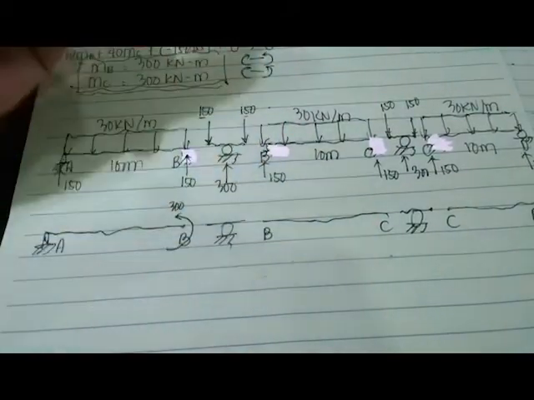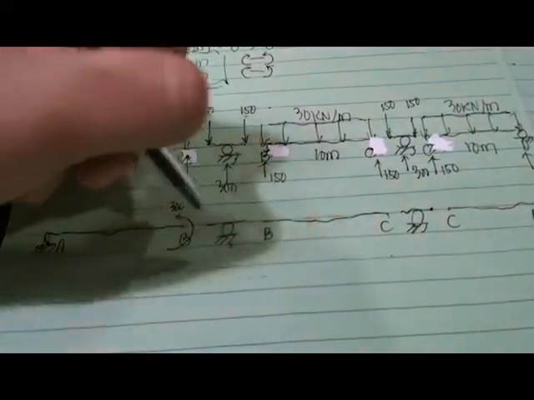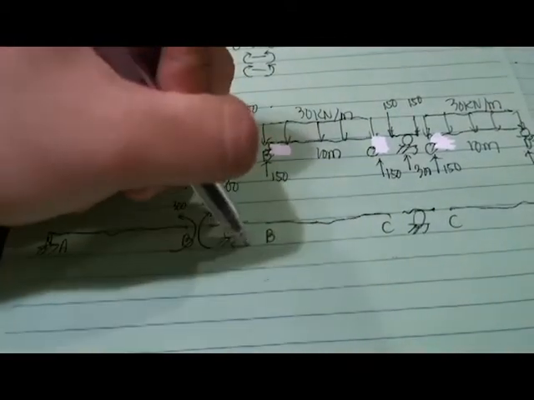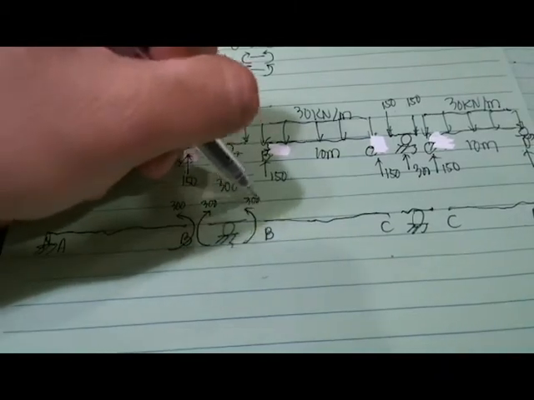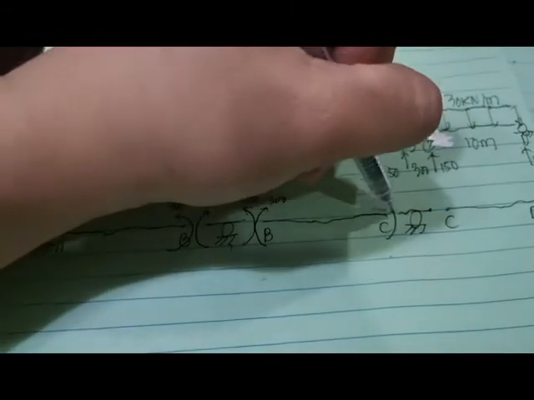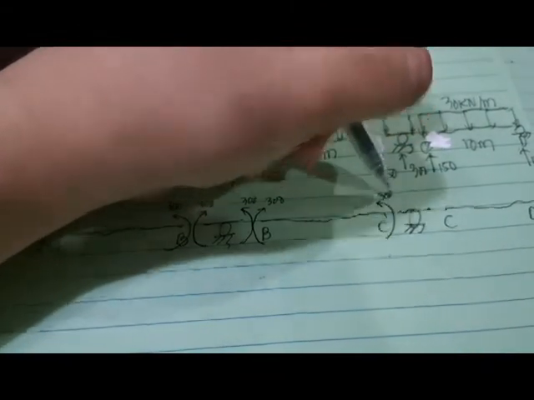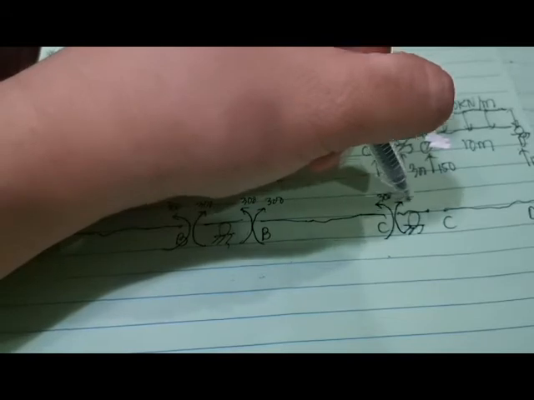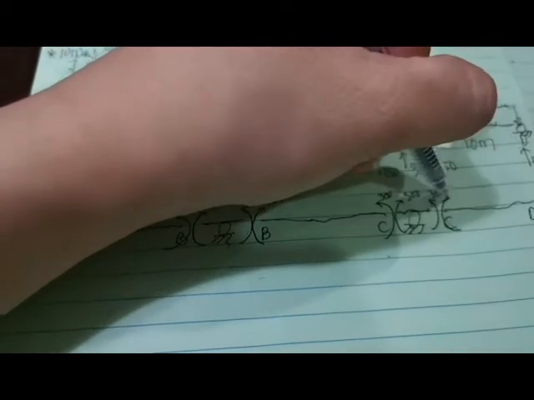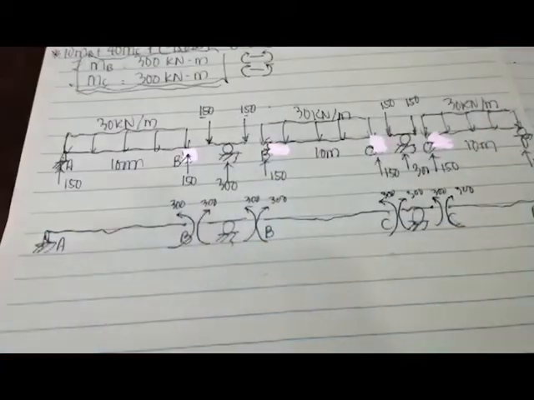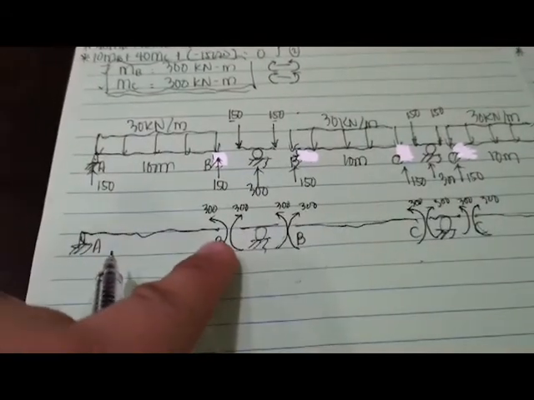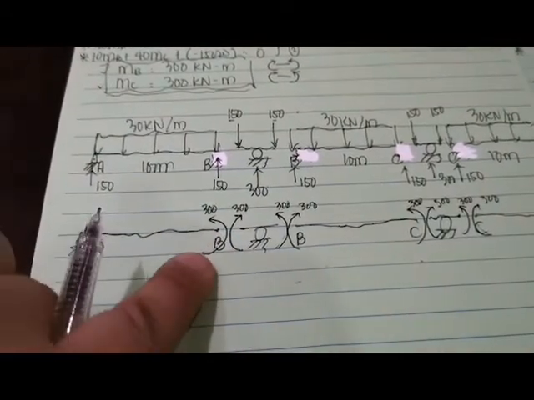So this is 300, this is 300, this is 300, 300. Okay, so now we determine all the reactions due to the internal moment.